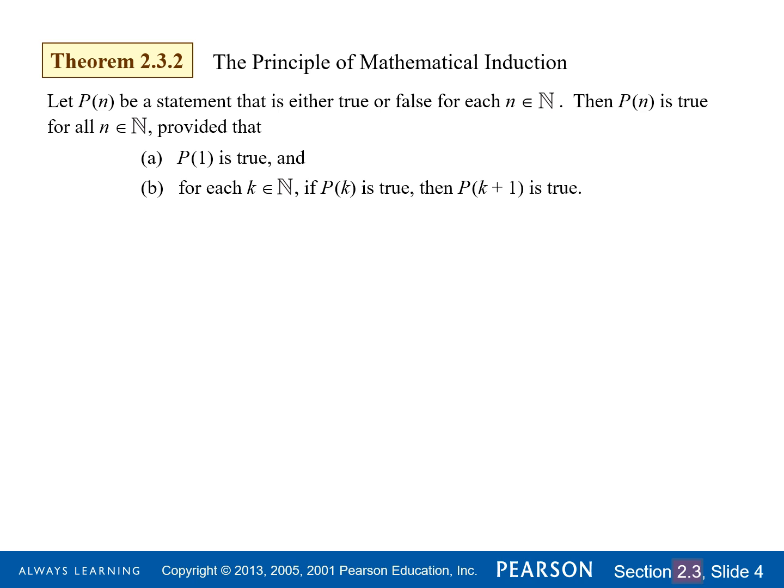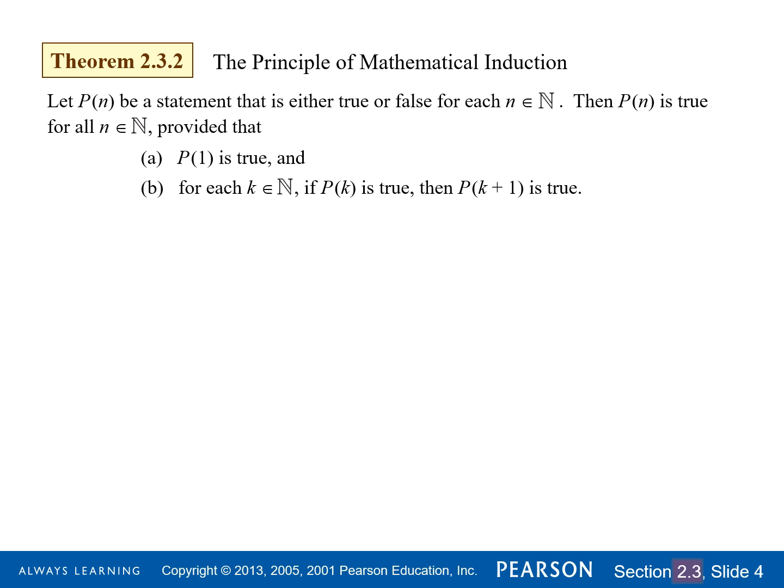And the second one, for each k belonging to the natural numbers, we have an implication statement: if Pk is true, then Pk+1 is true. Okay, so we have the universal quantifier, for each, and then we have the implication, the if-then statement.